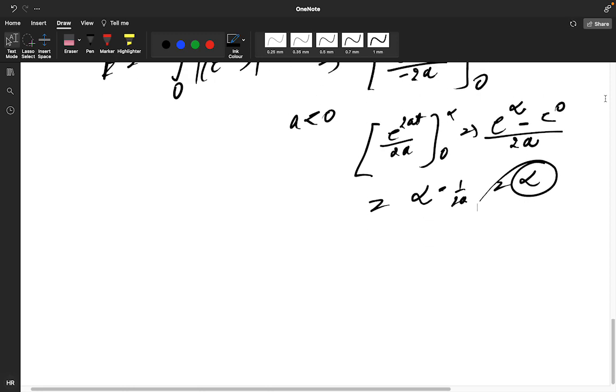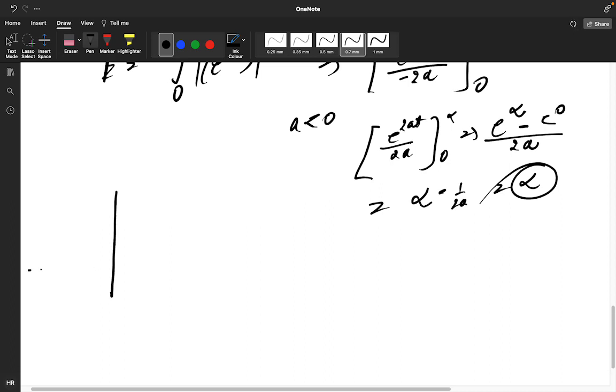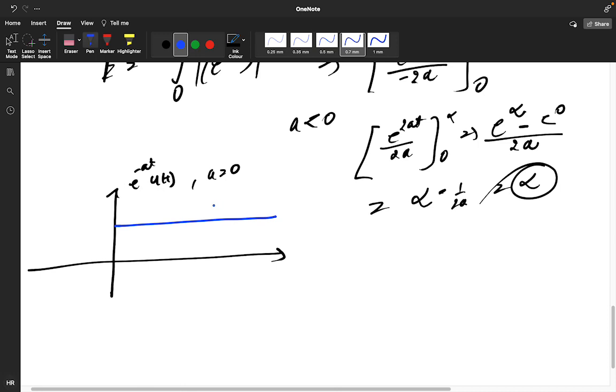So like that, if you solve some questions I'm giving you, if you have a simple step function, e power minus at u of t, where a is given as 0, then you will get a step function only.